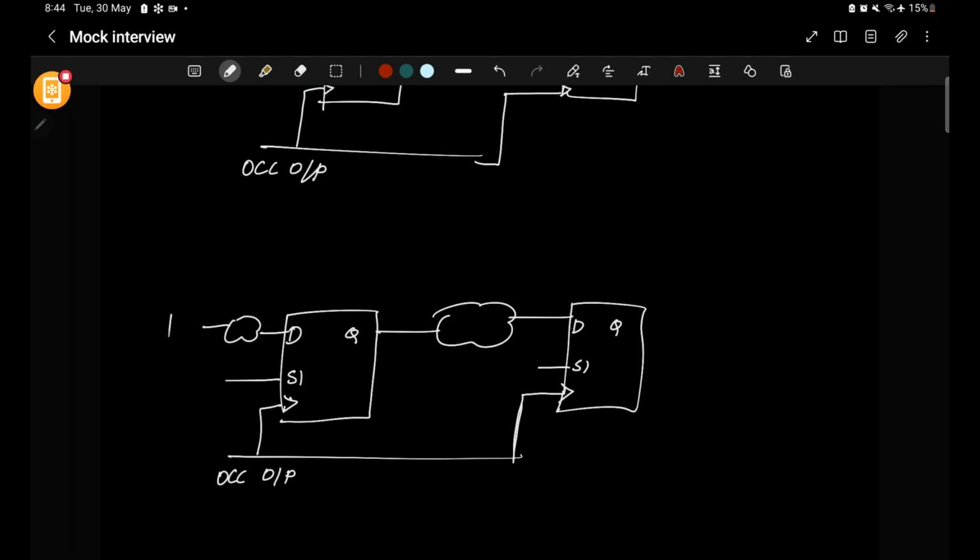Some combo logic is there, again coming from the pad, and then connected to the primary input.